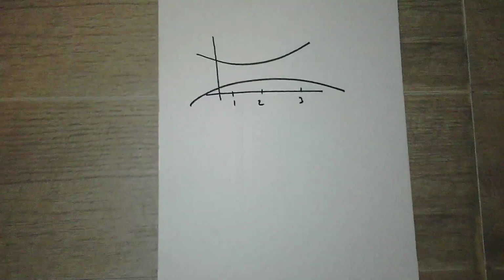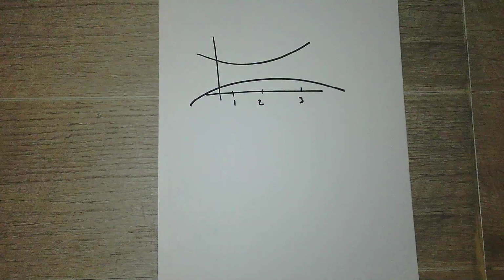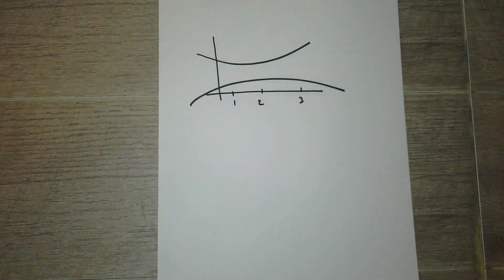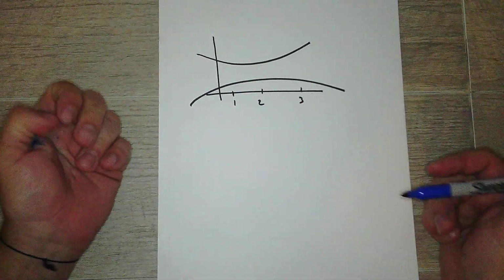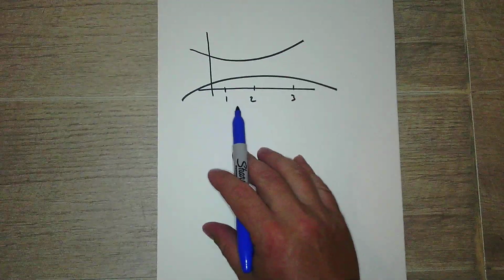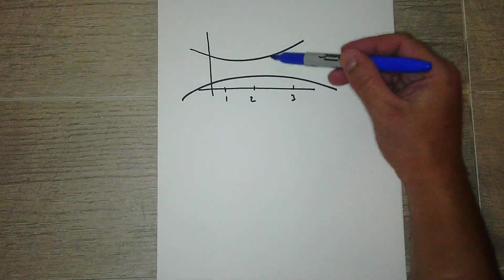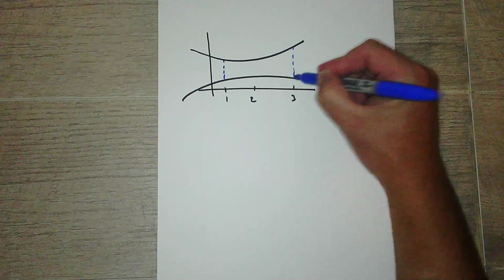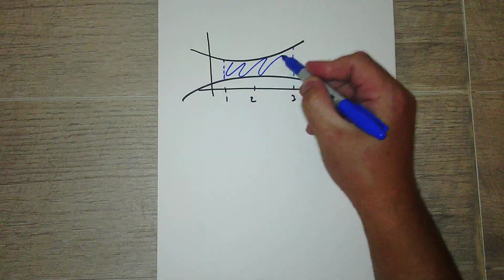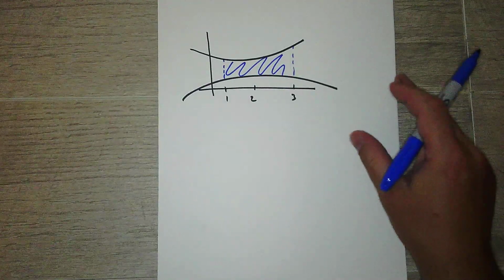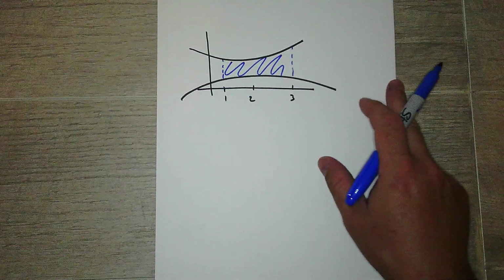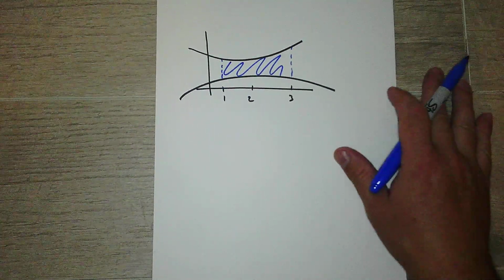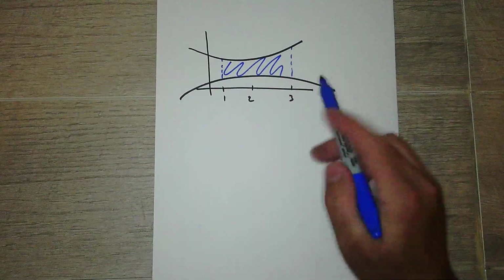So the question will be very similar to what you're doing now, but it's just a little bit longer. It'll be something like, find the area between the two curves from 1 to 3. That's a question that we'll start on, possibly tomorrow.